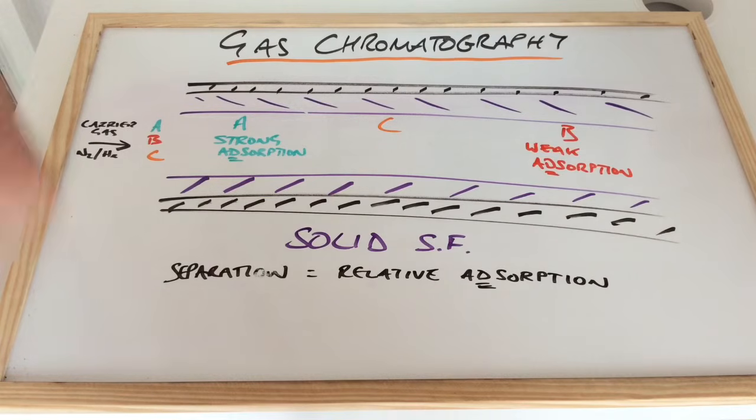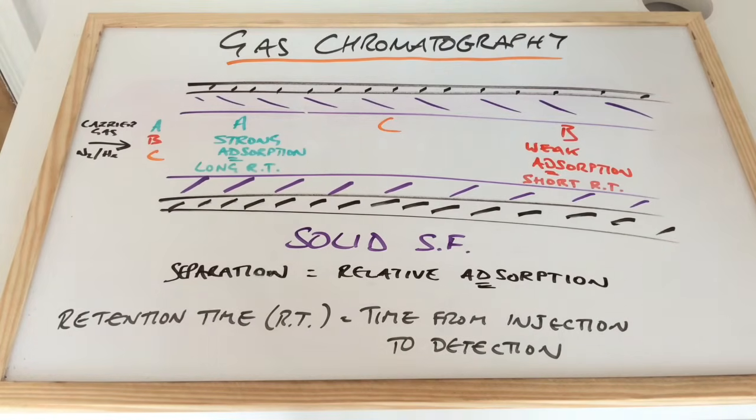So B, because of its weak adsorption, will have a short retention time. A would have the longest retention time. You can see I've written, it's the time from the injection of the sample of the mixture to the detection of the component. Remember, these are separated out by the relative adsorptions.